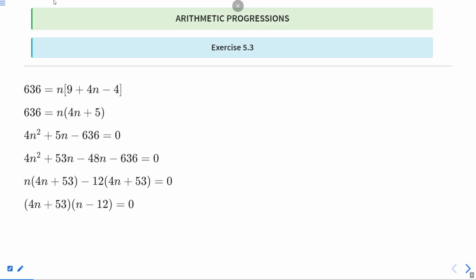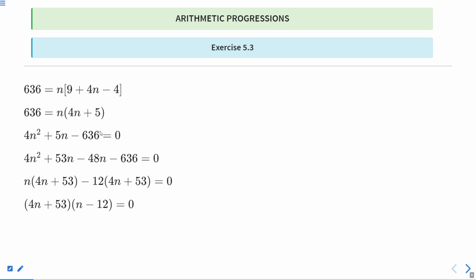It implies 636 is equal to n times 9 plus 4n minus 4, and it implies 636 is equal to n times 4n plus 5, and it implies 4n square plus 5n minus 636 is equal to 0. Now here we will use splitting the middle terms.